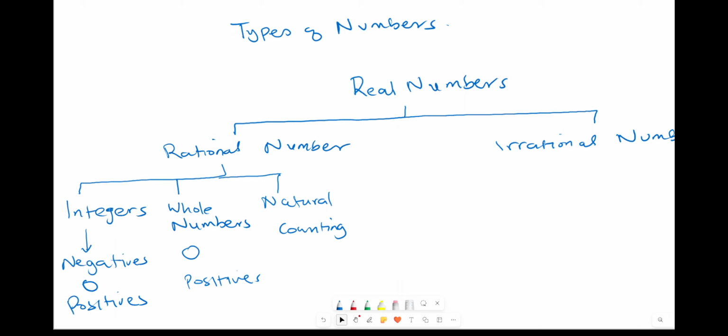You will not see anything starting with 0. Natural counting numbers start with 1. So counting numbers are positive whole numbers without 0. They don't include 0. So that's the fundamental difference between whole numbers and counting numbers.